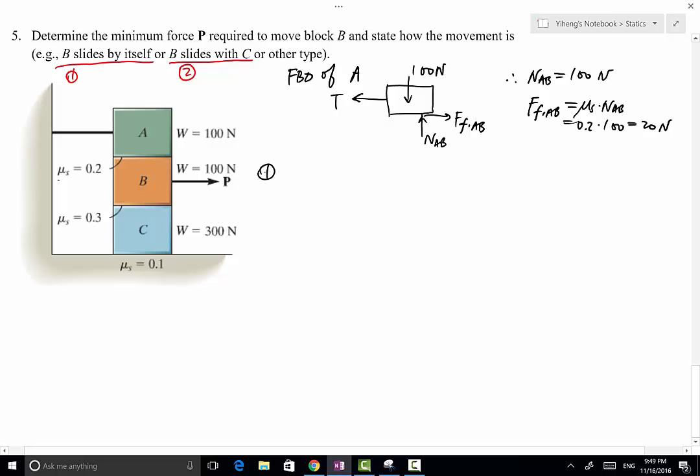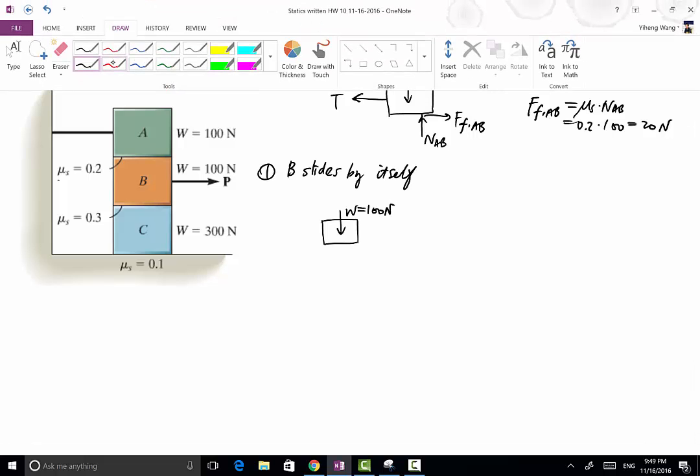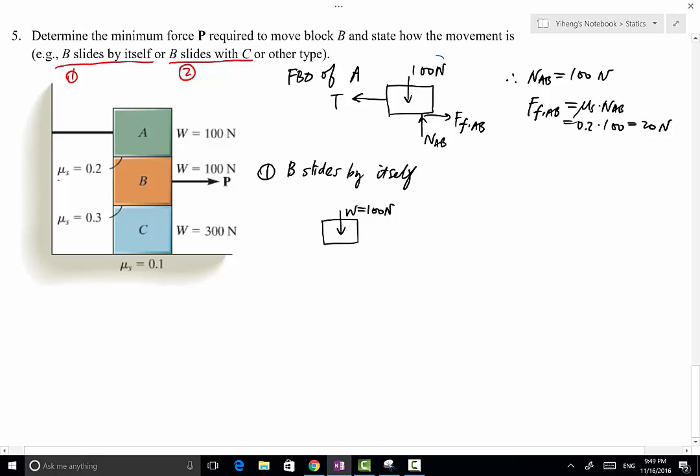Situation 1, when block B slides by itself, and let's determine what is the minimum force P needed for that to occur. So for that to occur, again, we draw the free body diagram of B. It has 100 Newton force of its own weight. But don't forget, we have this force right here.